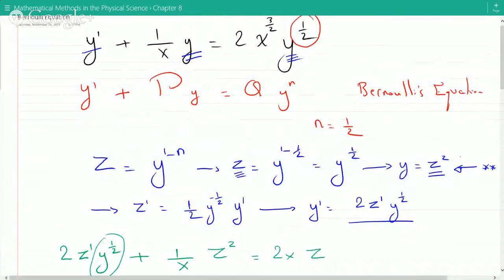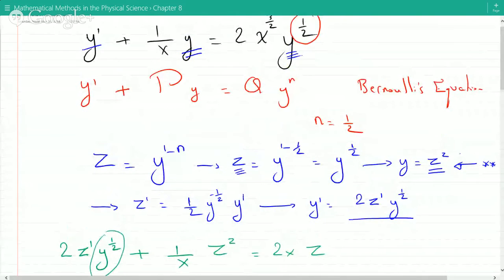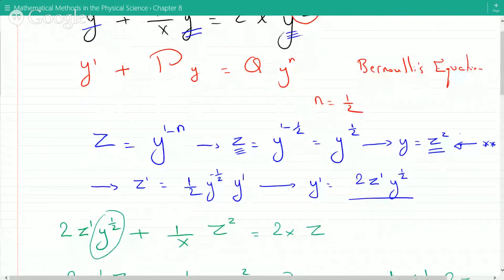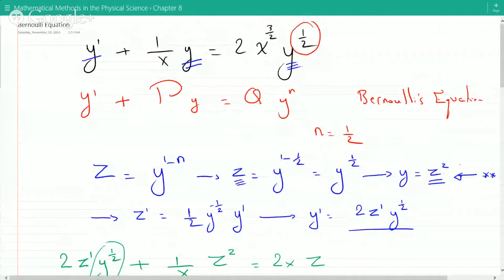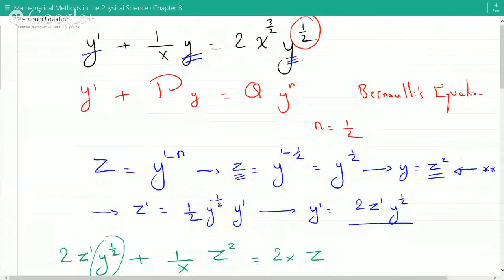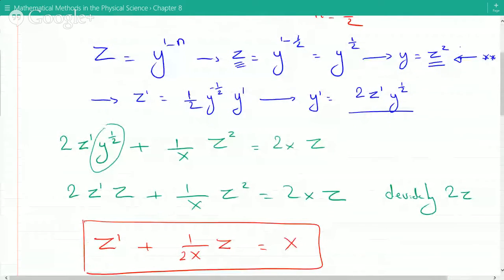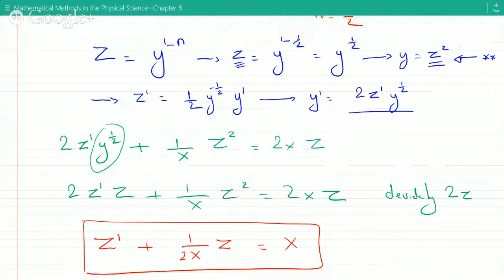I copied 2x to the 3 halves, I copied 2x. That's not good. Yeah, there's a mistake.